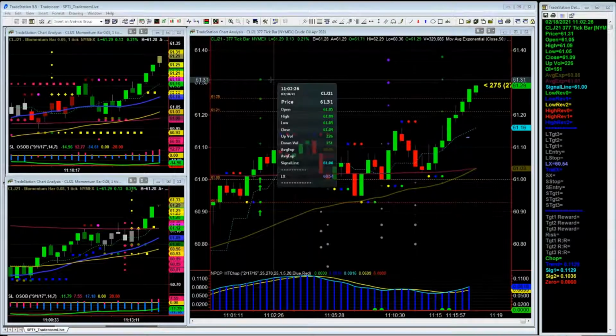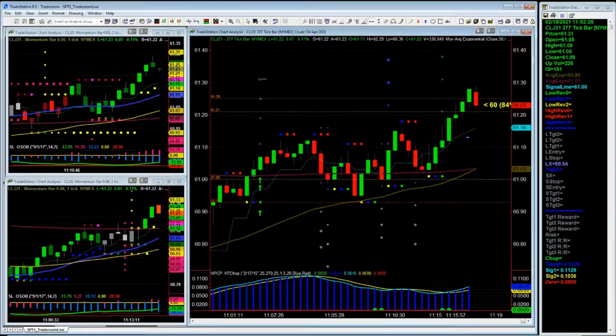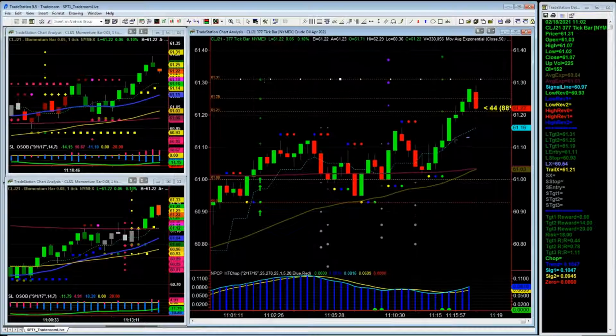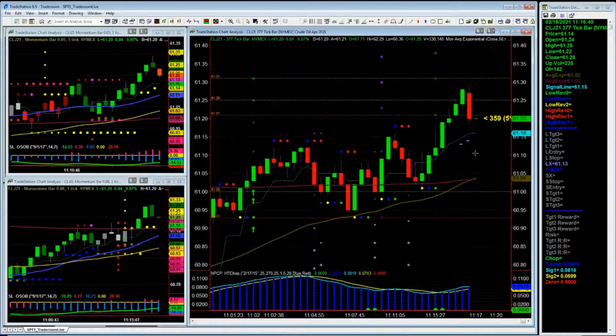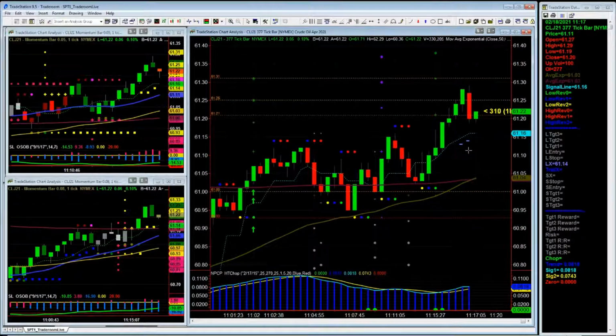And we're trying to get to target 3 now. Target 3 is at 31. So if you have another position, you could take profit at 31. But for sure, you want your stop at 61.12, and now 61.14. Move your stop to 61.14.